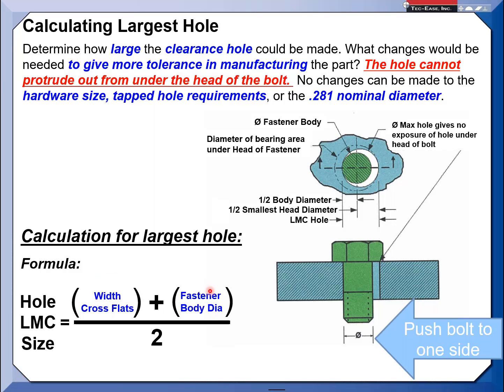I went through 3 different methods. In the first method, in the case of the hardware, I said use the basic values. So you would use the basic value for the width and the basic value for the body, and derive a particular LMC size. But if you really want to know worst case, you would take the width across the flats at its LMC size, and then the fastener at its smallest diameter.